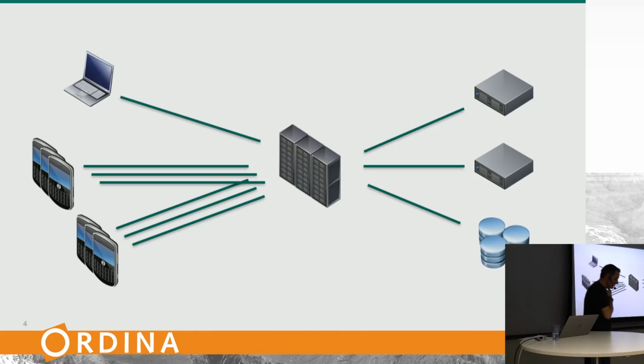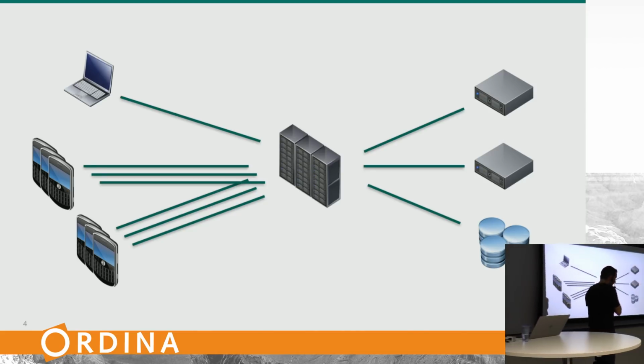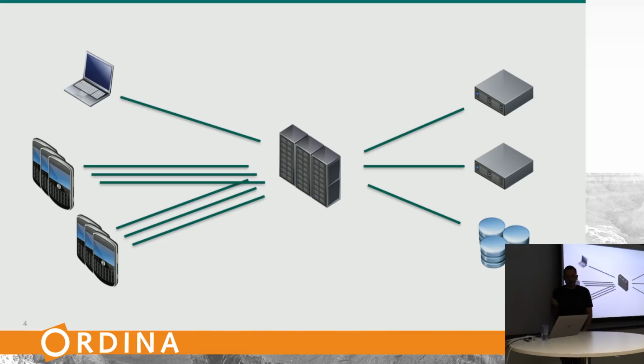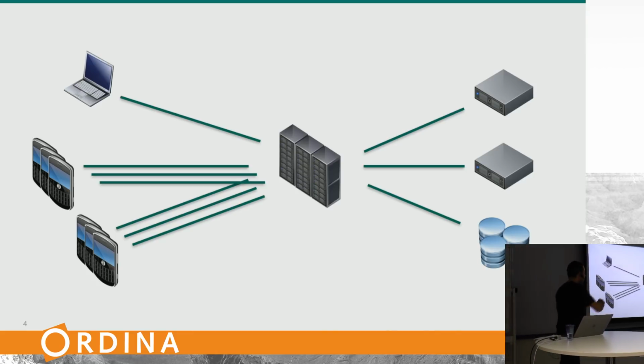Reactive, in a nutshell. If you look at an app nowadays, apps are more and more distributed. They have more and more services. Your server in the center is your application, right? So what do you have nowadays? You have very powerful machines with very good internet connectivity.